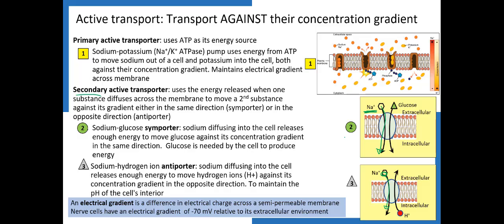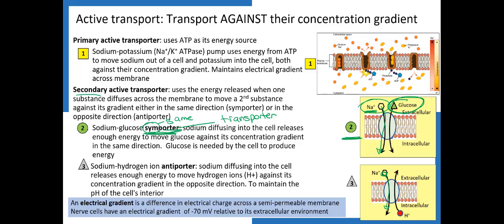The example in the middle here is a symporter. Sym refers to same, and porter refers to transport. So a symporter transports a second substance, in this case glucose, in the same direction as the transport of the first substance.